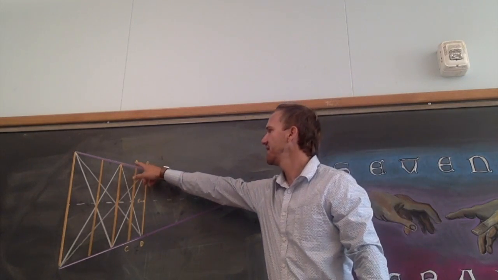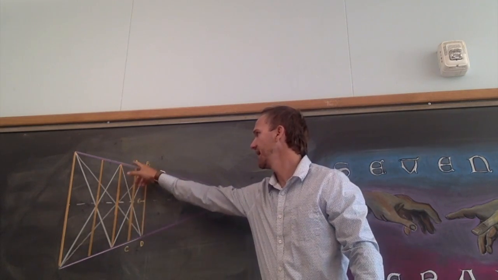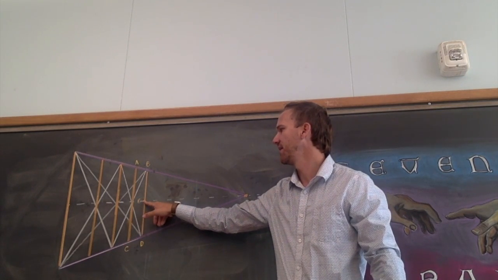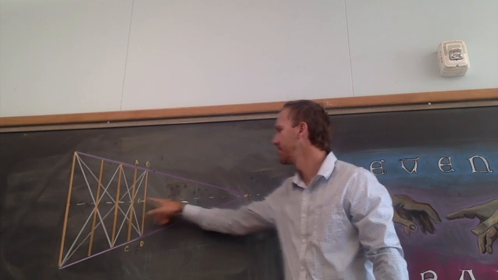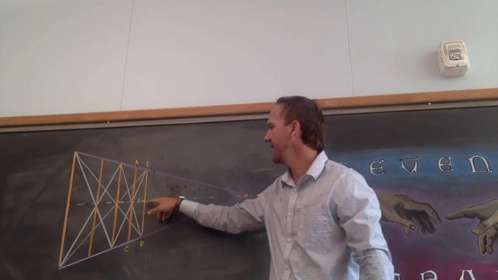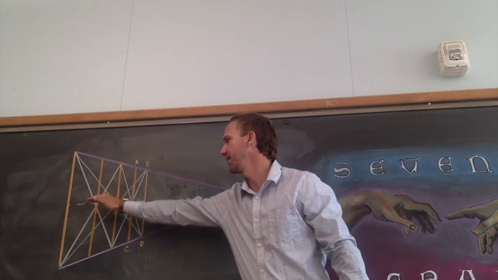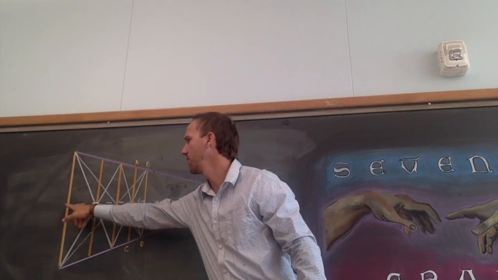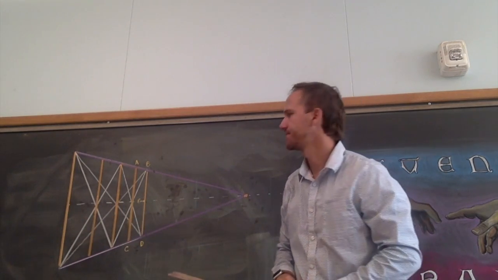As you can see, I've labeled some of these points A, B, C, and D, and this middle point here is called point E. Remember, the middle point E is along the vanishing line here, which is essentially a right angle from the vanishing point all the way to our first vertical line.